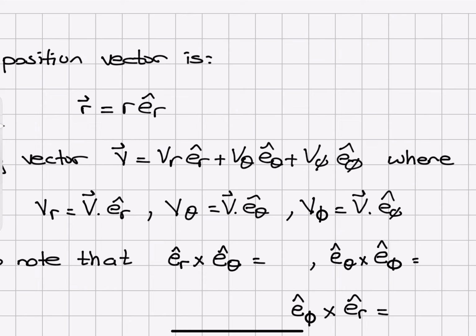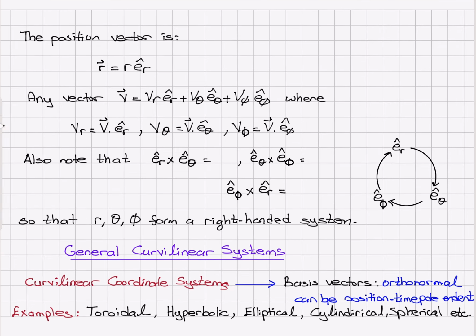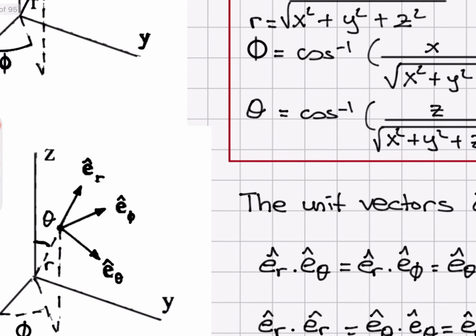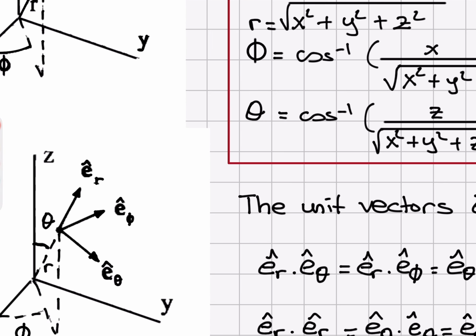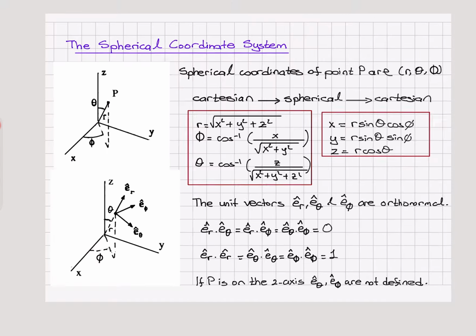on the azimuthal axis is v dot e phi hat. And if we follow the cross product of these three unit vectors, we see that e r hat cross e theta hat is e phi hat. And for e theta hat cross e phi hat, using the right-hand rule, the four fingers point in the e theta hat direction, and we curl the four fingers towards e phi hat. Our thumb points in the e r hat direction, and e phi hat cross e r hat gives us e theta hat.